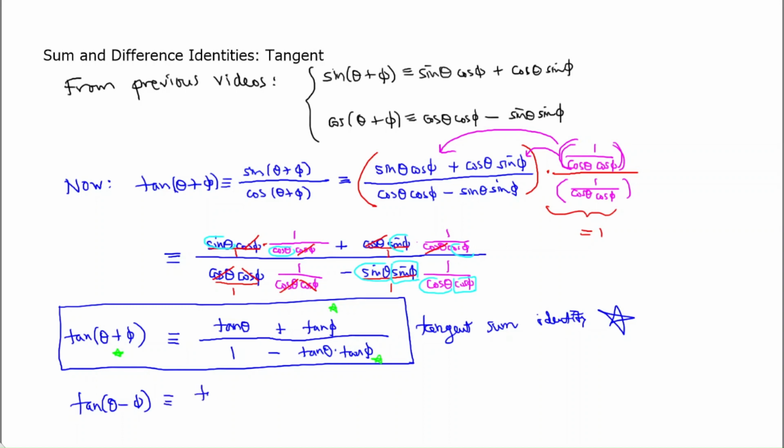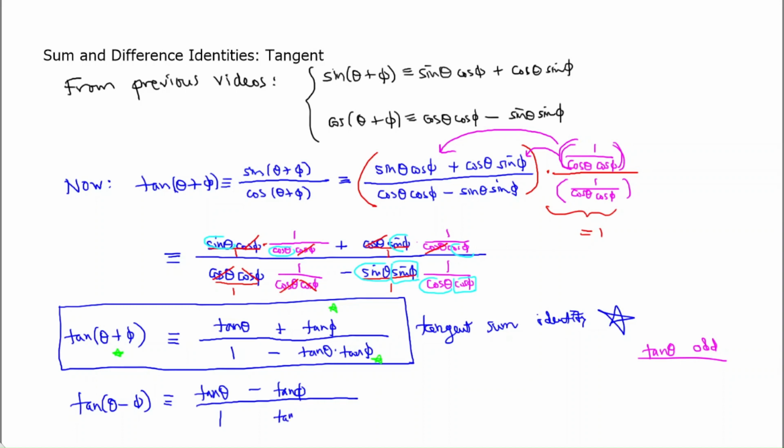Tangent theta stays the same. The 1 down there stays the same, but because tangent is an odd function, any negative that you might imagine inserting, so tangent negative phi, that negative would come out front and multiply out front of the function.